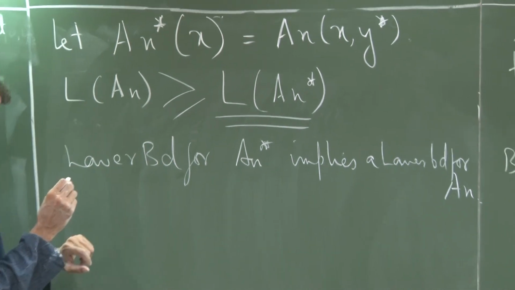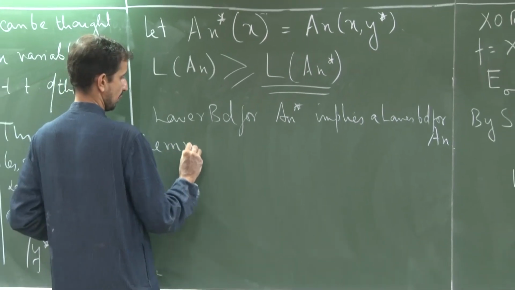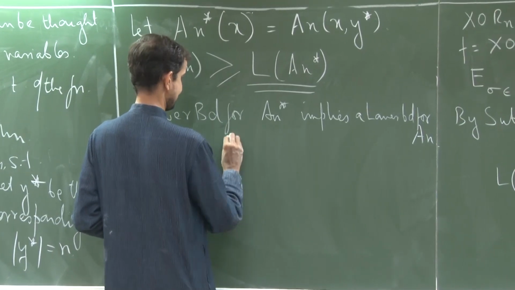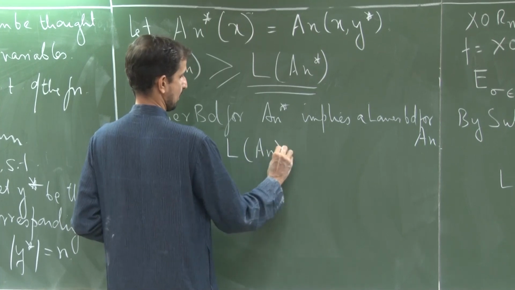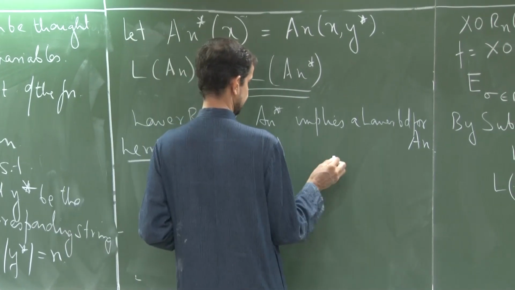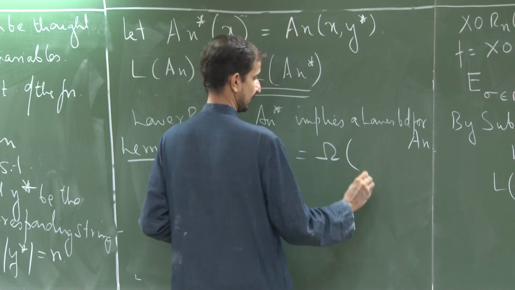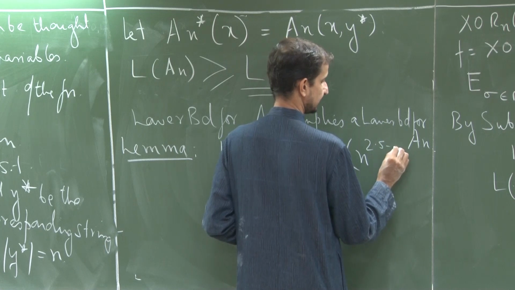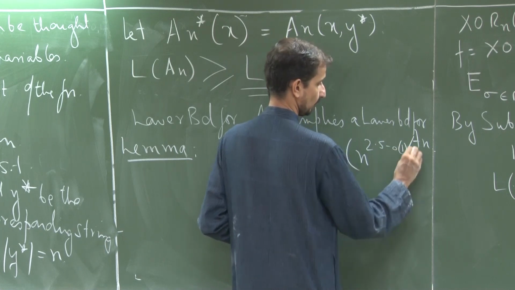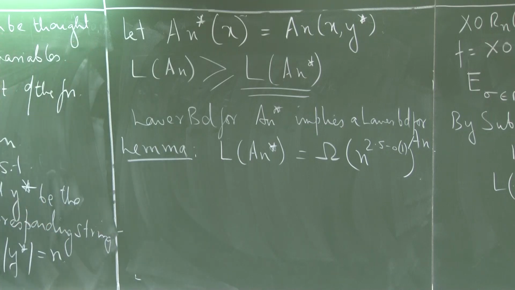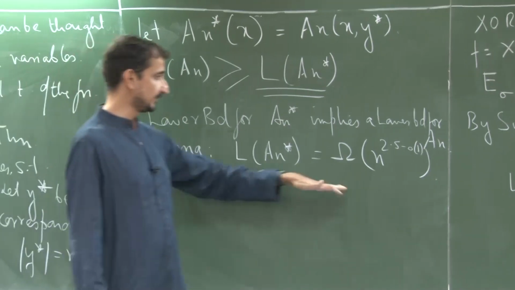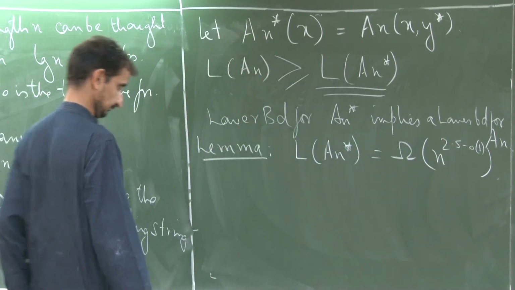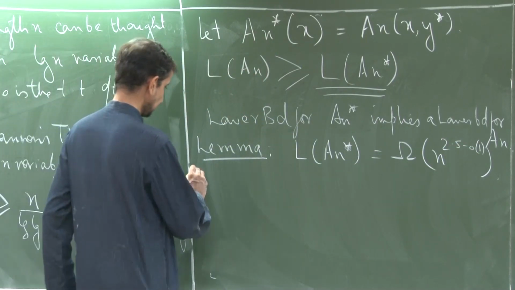What we will prove is that L of a n star is omega of n to the power 2.5 minus small o of 1. So we will show that it has a formula complexity of at least n to the power 2.5 minus some small term, but we will see what those are.